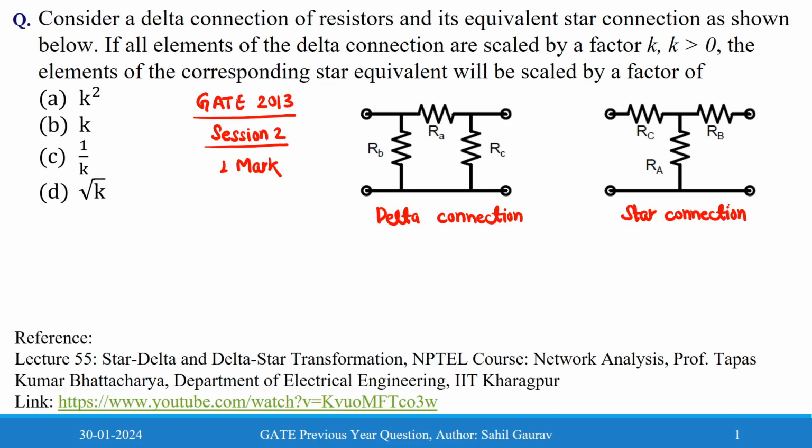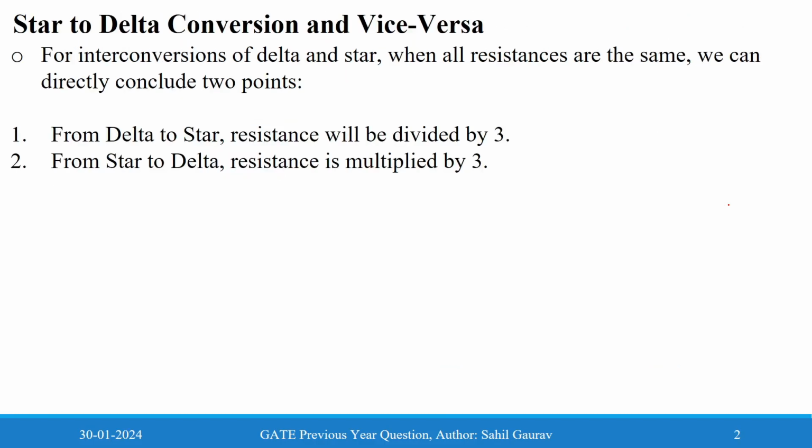Before we begin to solve this problem, let us have a quick recap of star delta transformation and delta star transformation. One important point: for the interconversion of delta and star, when all the resistances are the same, we can directly conclude two points.